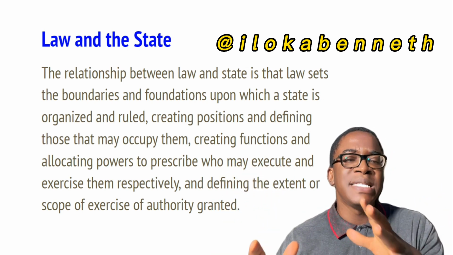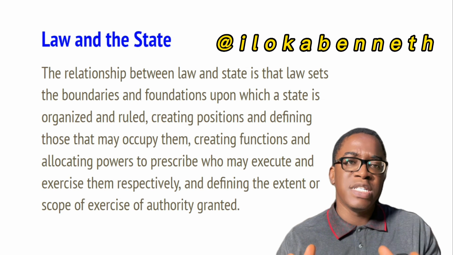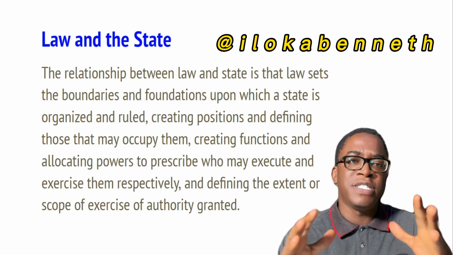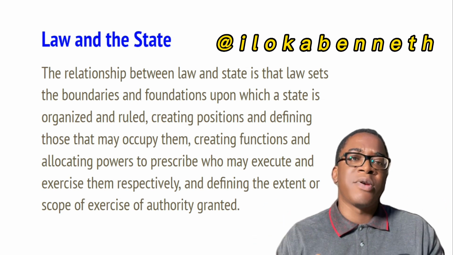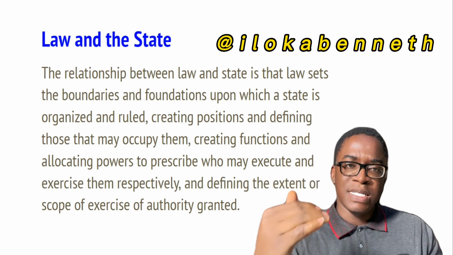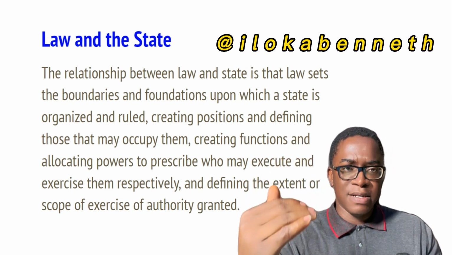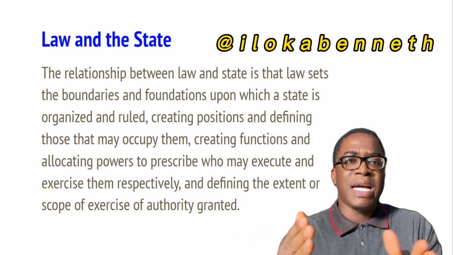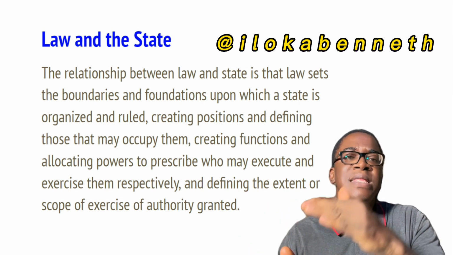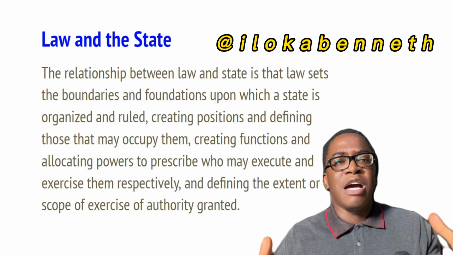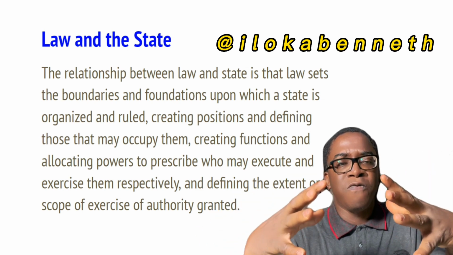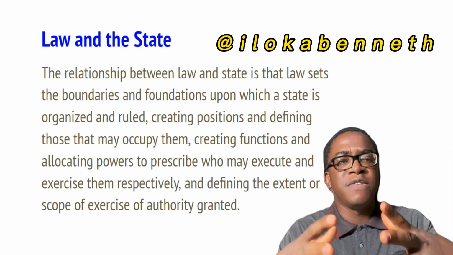So basically, law ensures the overall effective and efficient administration of the state, because it defines the powers within the state, those that are capable of entering into these powers, how these powers can be executed, their limiting factors, and how they have to come together to form a more productive unit.